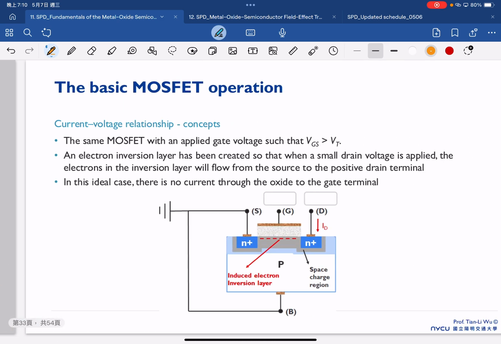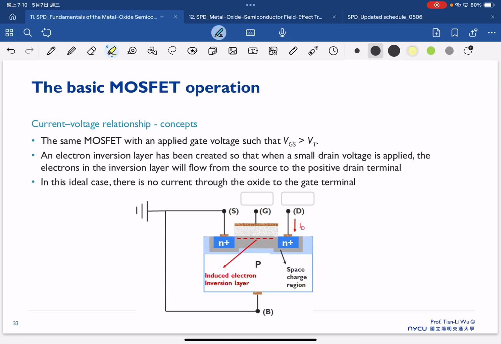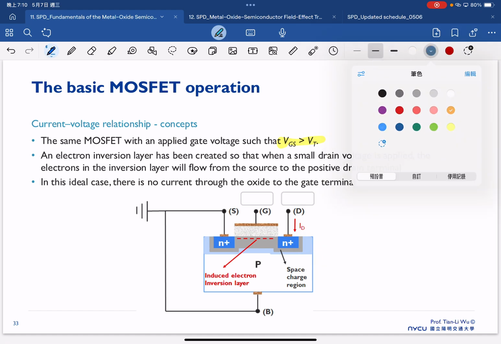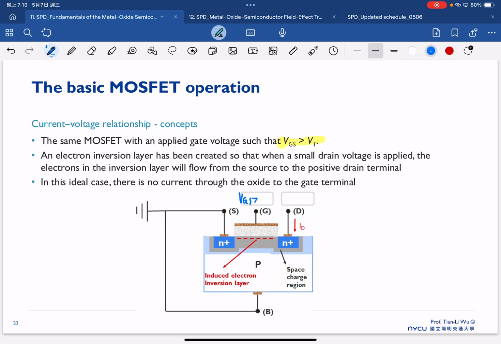Once VGS is larger than the threshold voltage, while we still apply the same VDS here, we can expect an electron inversion layer to form under the channel, as shown here.